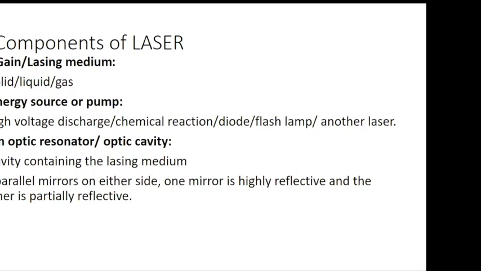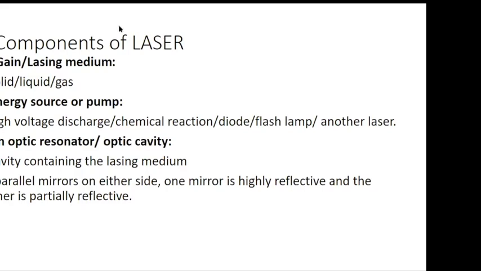And then the energy source, it could be a high voltage discharge, a chemical reaction, or a diode. We spoke about diodes when we were doing pulse oximeters. It could be a flash lamp, or it could be another laser that's already working. And then there's an optic resonator or optic cavity.